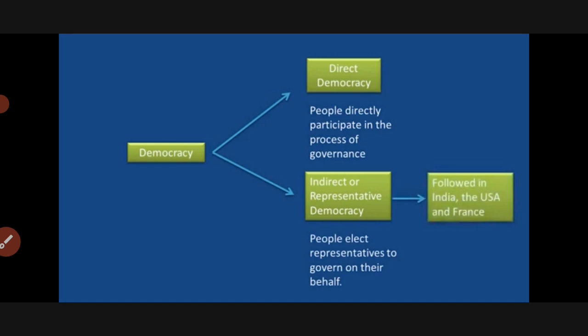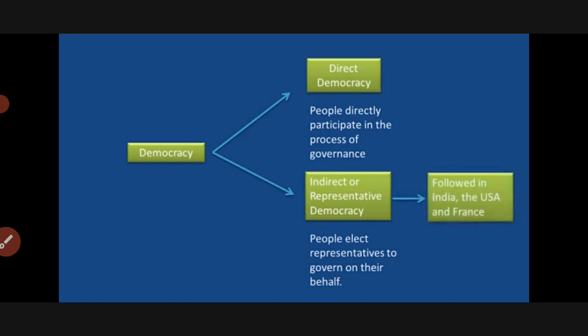But in indirect democracy or representative democracy, where a large population is there, people elect their representatives, and those representatives run the government on behalf of the people. So it is an indirect democracy because people don't directly take part in the government.